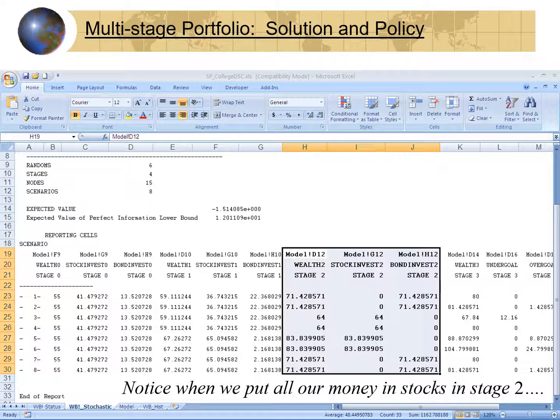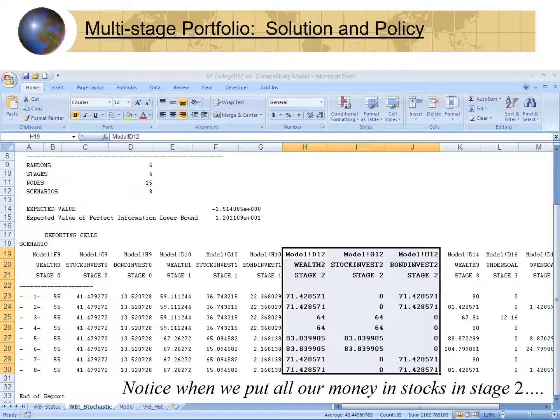Then 2 possibilities occur there, and you can see in stage 1, the second period, the allocation depends upon which scenario occurred. So we'll have a wealth of either 59 or 67, depending on which scenario occurred.